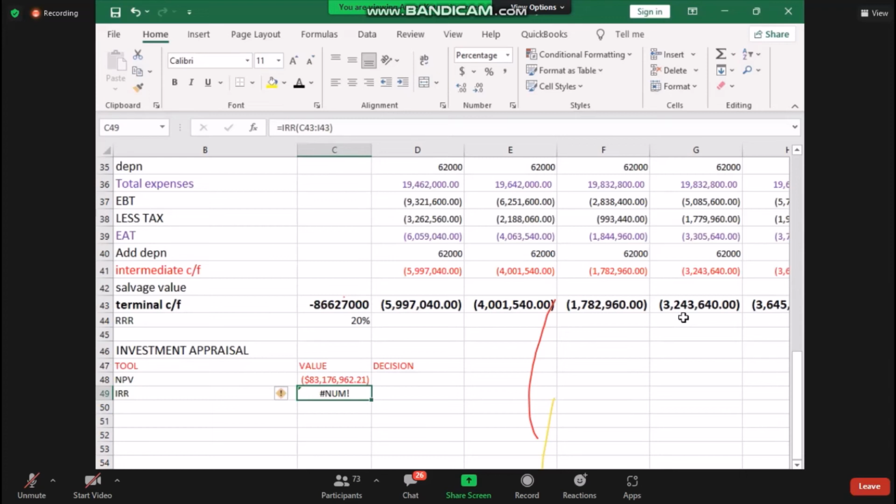I'm thinking because the formula is actually right. Try making them positive, Madam. We make them positive for illustration purposes, and you see if it will work. Okay, let me try to have these values here.